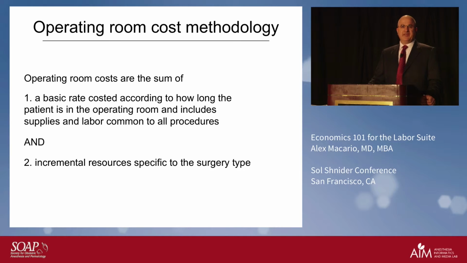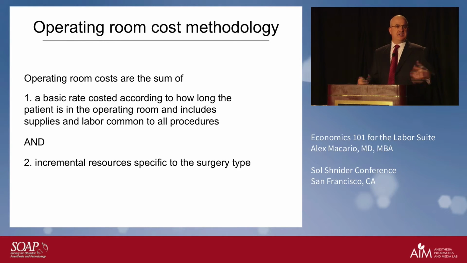So let's get back to that question about OR costs and how much an OR time really does cost. We know that the charges can be north of $100 per minute, but what about the true cost? Well, I think you have to separate those into two elements. The first element is a basic rate costed according to how long the patient's in the operating room and includes supplies and labor common to all procedures.